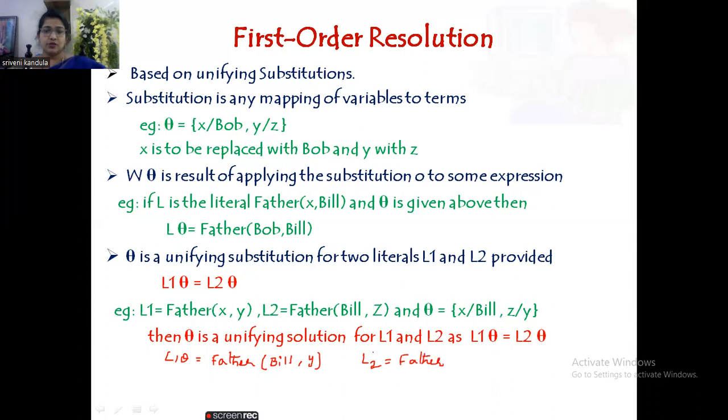So this is L2 theta: father of Bill, and in place of this z, I am substituting y. Now both are equivalent, so I can say theta is my unifying substitution. In some cases, we have to find out what the unifying substitution will be. In that case, you have to check like this and determine the unifying substitution.